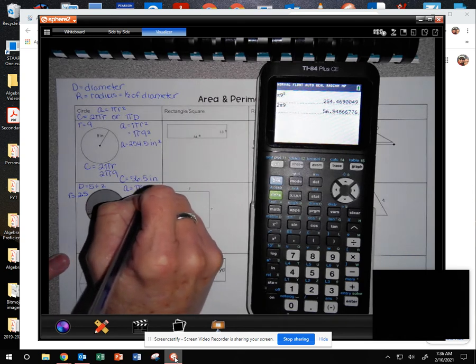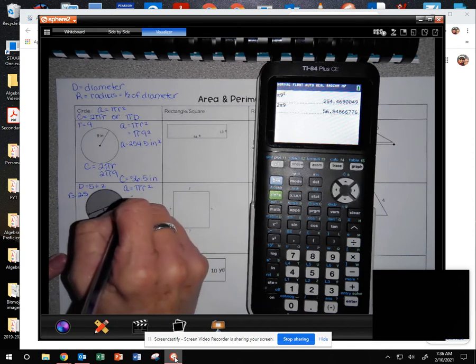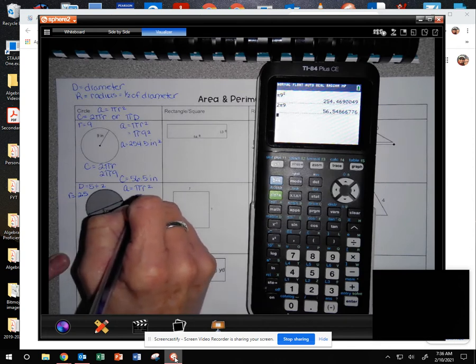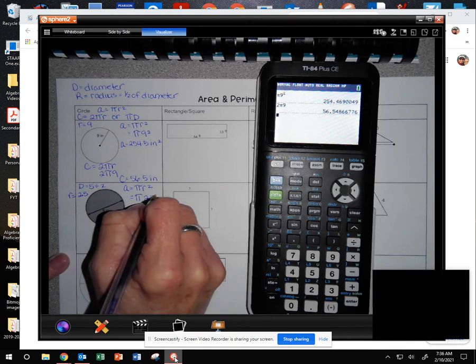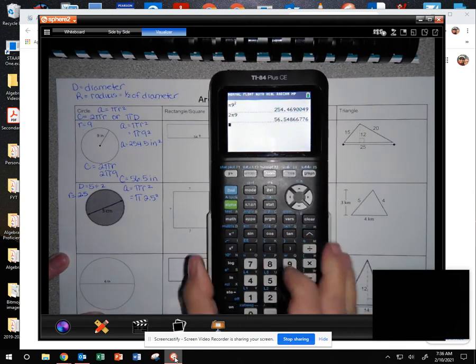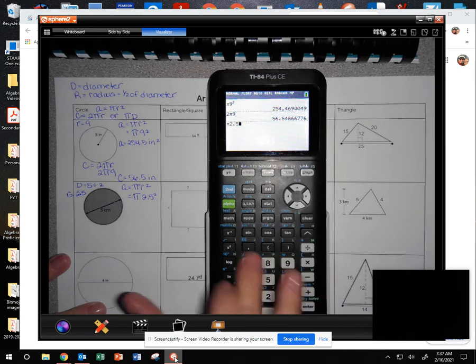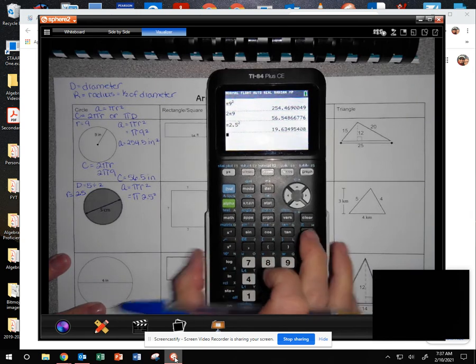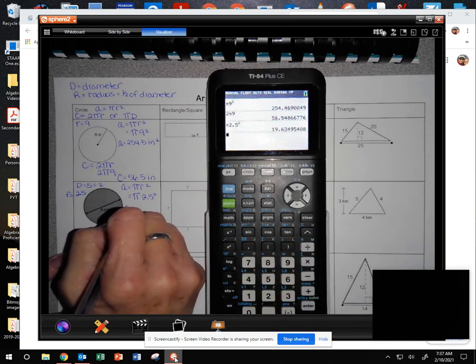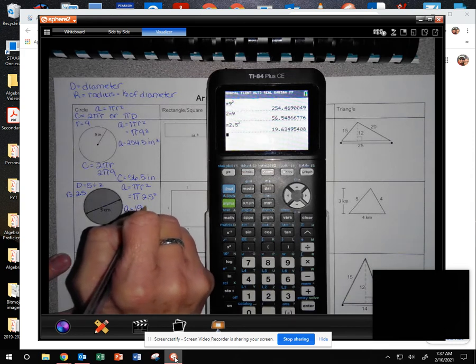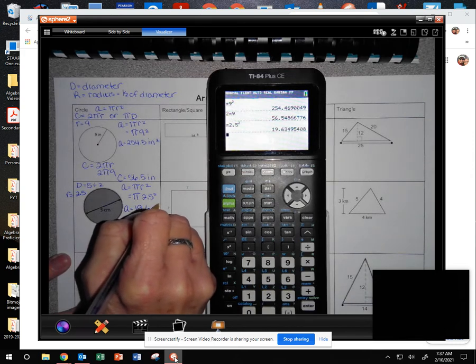Area equals pi r squared. So area equals pi 2.5 squared. So second pi 2.5 squared. And my area for this circle is 19.6 centimeters squared.